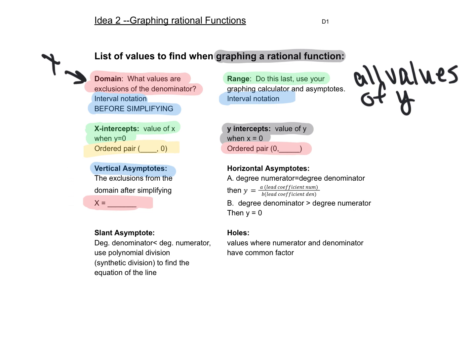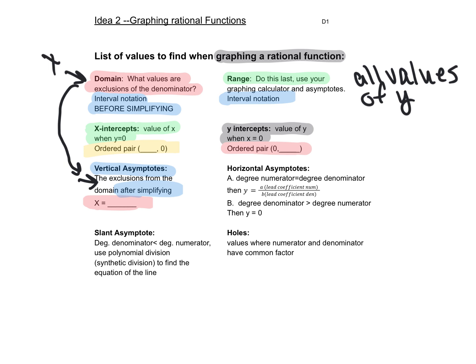And where we get our vertical asymptotes is the exclusions from the domain after simplifying. So after we cross out anything, then anything that's left in the denominator that it can't be, that's going to be our vertical asymptote.